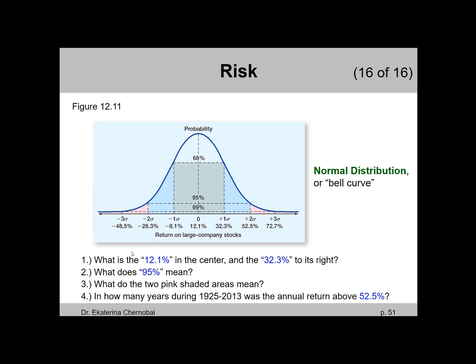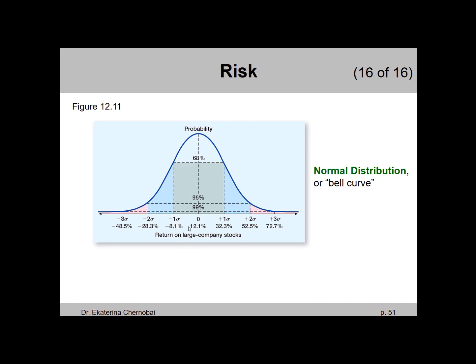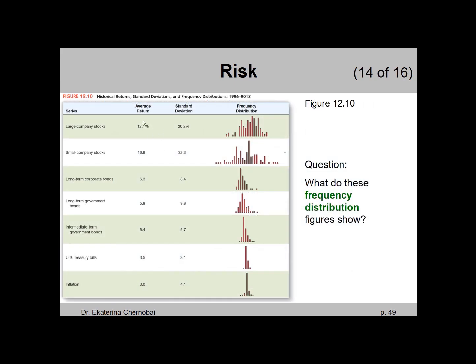Let's answer a few questions. Question number 1. In the middle, right where we see the peak, we have a 0 and then we have 12.1%. What is 12.1%? If you go back a couple of slides, that was nothing but the average return over the time period between 1925 and 2013.